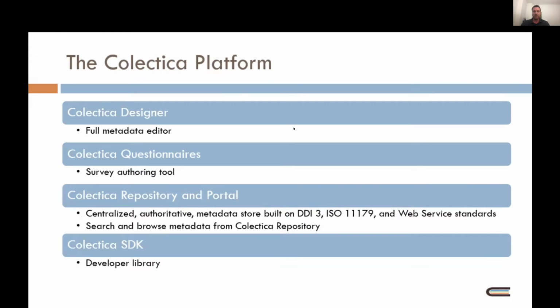And then the portal is the interactive search and browse, where you can search and browse metadata online. So also we have Colectica SDK, or our software developer kit, which is a developer library. So you can either have Colectica further customize your software, or you can use that software yourself to further develop the software to meet your specific needs for your environment.